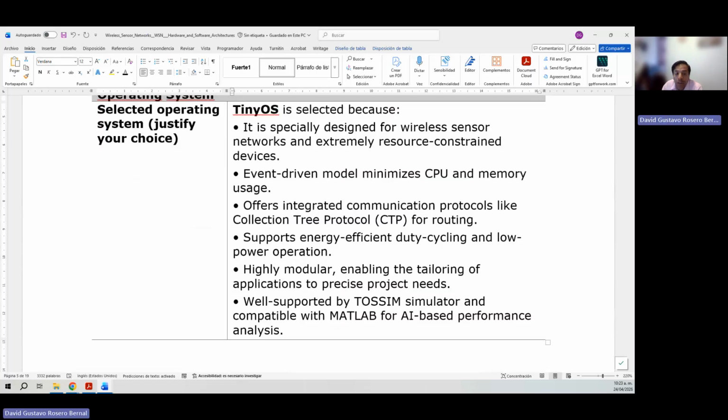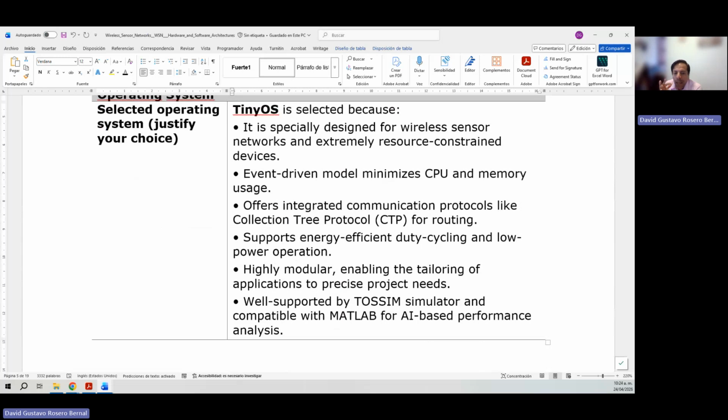It provides modular support for communication protocols such as the Collection Tree Protocol, CTP, for energy-efficient routing in multi-hop networks. It enables aggressive duty cycling to maximize the battery lifespan of the devices.